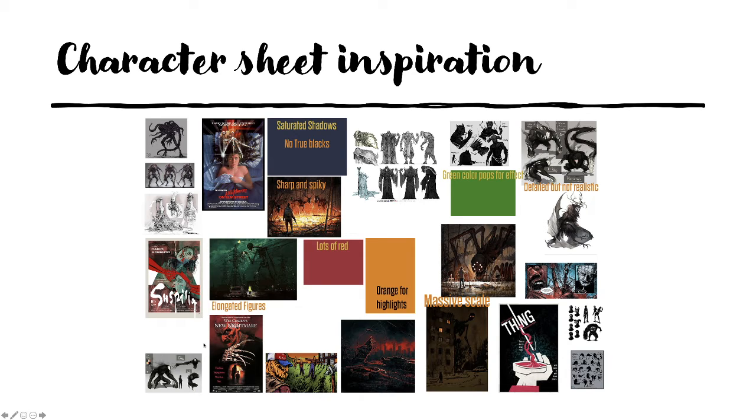As well as horror movie posters. Horror movies and horror comics are a huge influence on me, and I read quite a lot of comics and watch quite a lot of horror movies. And then some artwork that I really enjoyed that I thought resonated with me concerning this project. So that was my character sheet inspiration mood board.